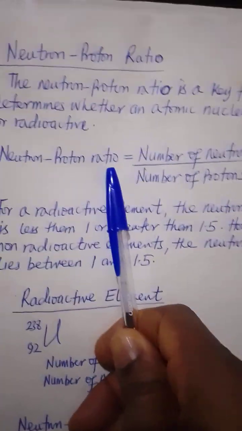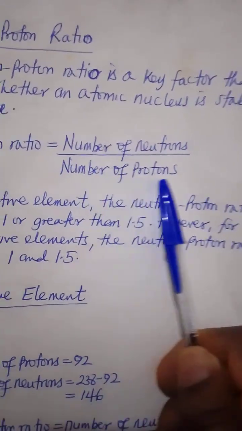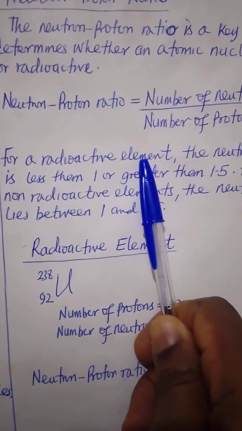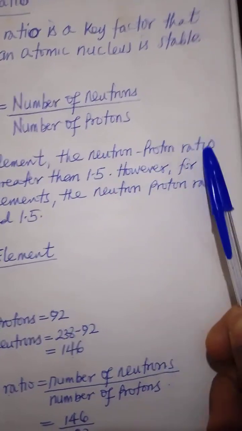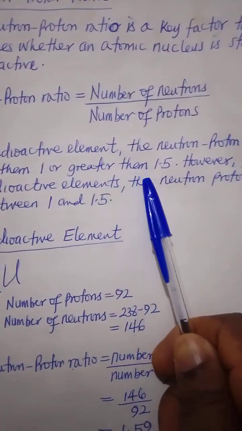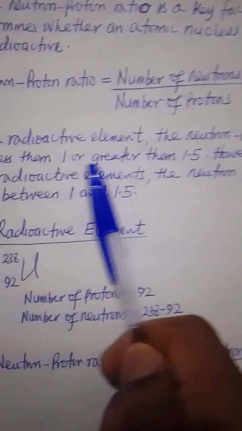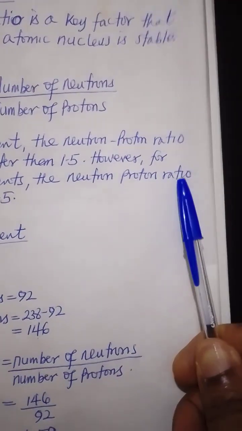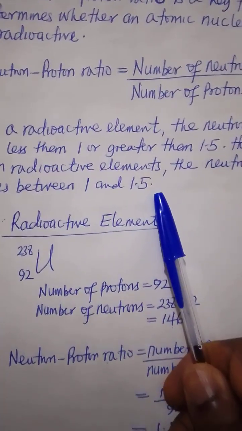Neutron-proton ratio, as it implies, is the ratio of the number of neutrons to the number of protons. For a radioactive element, that is, for an atomic nucleus that is unstable, the neutron-proton ratio is less than 1 or greater than 1.5. However, for a stable nucleus or non-radioactive element, the neutron-proton ratio lies between 1 and 1.5.